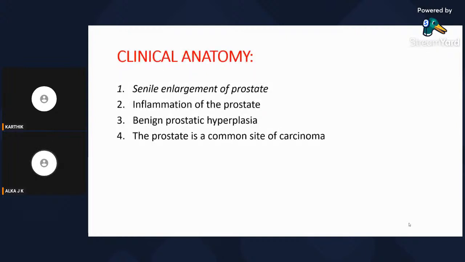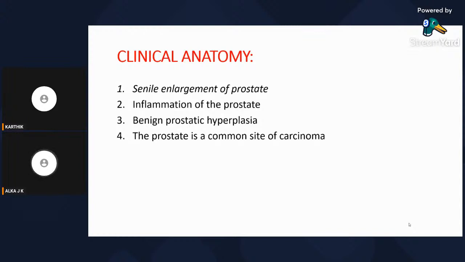So the prostate is a common site of carcinoma. It usually occurs after the age of 50 to 55 years. In addition to urinary obstruction, it causes pain in the perineum, low backache, or sciatica. Rectal examination reveals an irregular, hard, and fixed prostate.